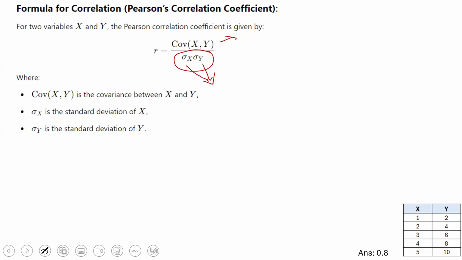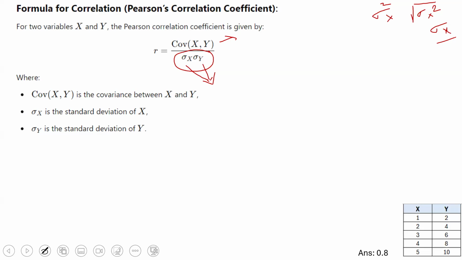Sigma x squared denotes variance. When you apply the square root on variance, you will get standard deviation, right? So you will calculate standard deviation along the x-axis, standard deviation along the y-axis, and also covariance.